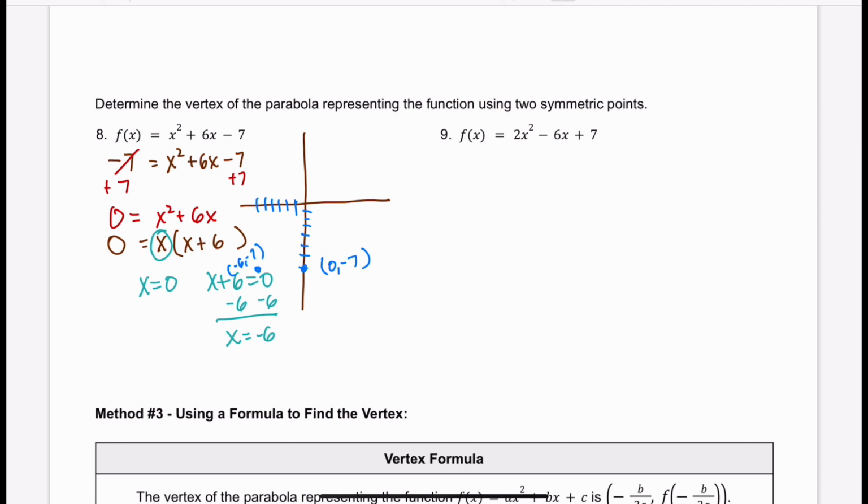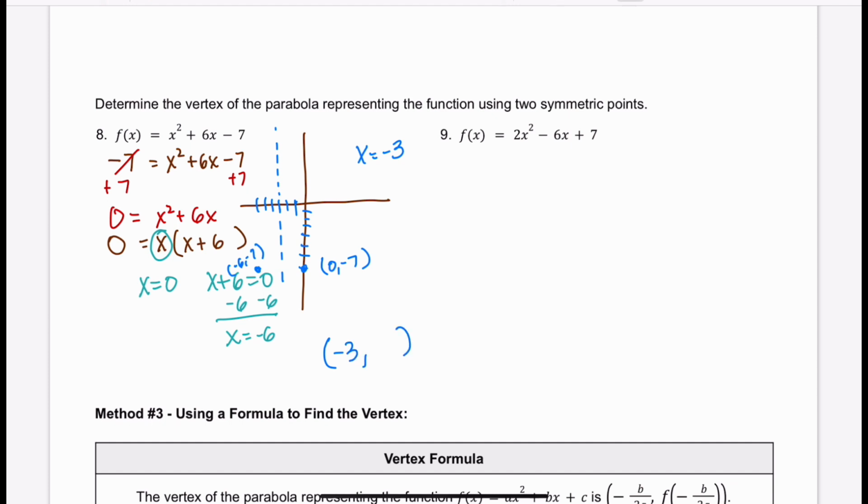The axis of symmetry is going to be right in the center. So if I add up the -6 and the 0, I get -6. Divide it by 2, I get -3. So the axis of symmetry is going to be right at -3. So our vertex, we have a -3 for the x.